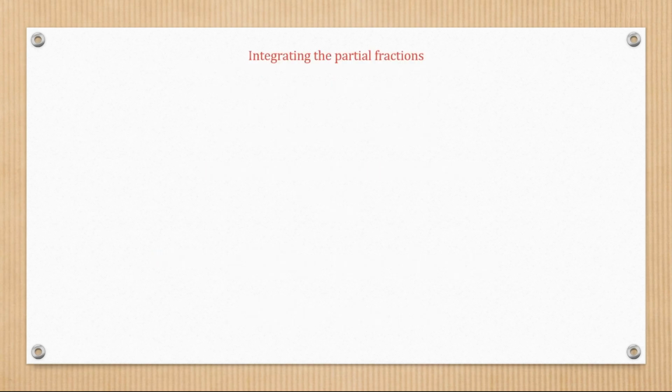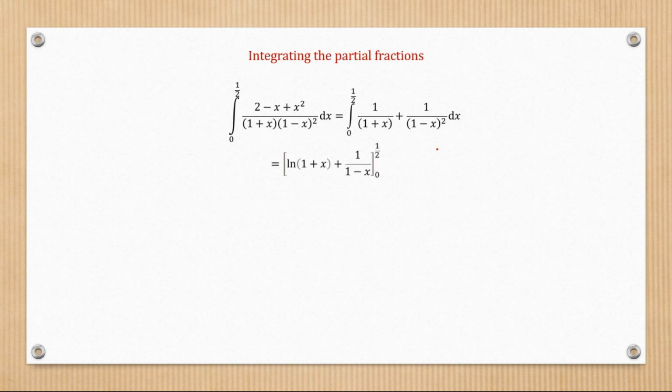So next, if we're to integrate the partial fractions, we'll have the integral of this being equal to the integral of these two partial fractions. When we want to deal with this part here, we just have to use u substitution, then we'll have ln 1 plus x. But this one is a little bit different, but it's also u substitution.